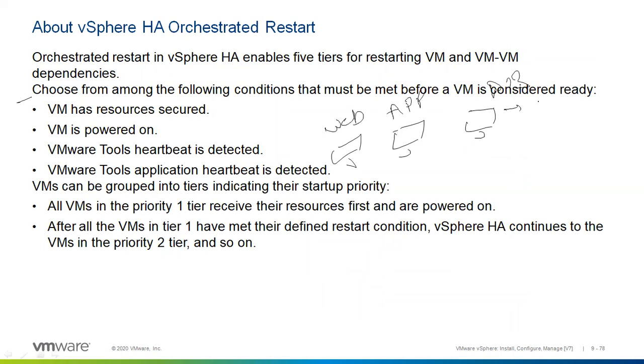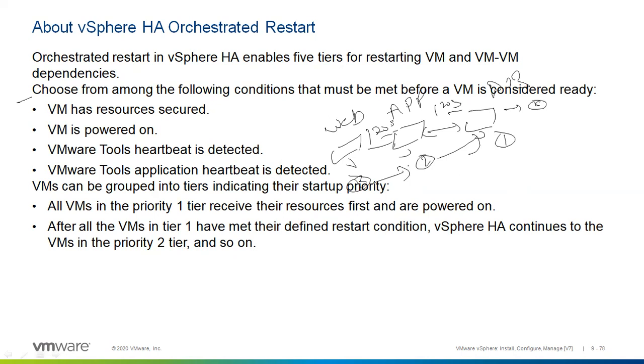I want DB to start first, delay of 120 seconds, then app, and again a delay of 120 seconds, then web. In this way, we can make a dependency rule and orchestrated restart or startup rule, so that if any VM is started, its dependent VM should be started first. This should start first, second, and third, because this is dependent upon this and this is dependent upon this to be up and running in a proper way.